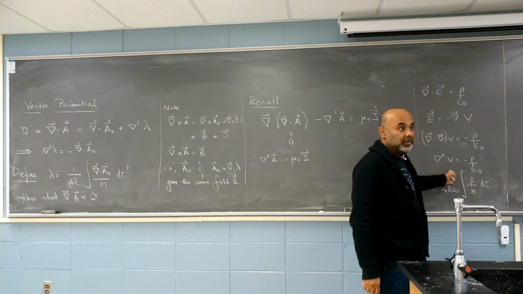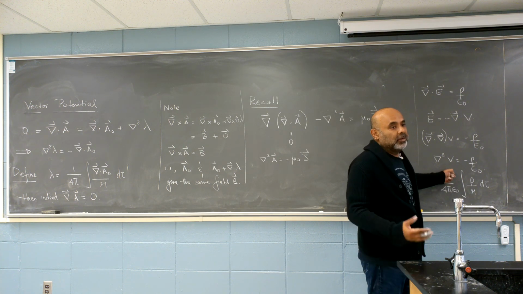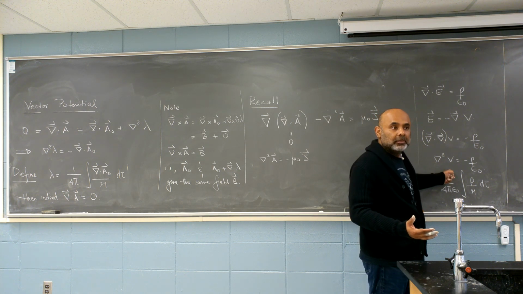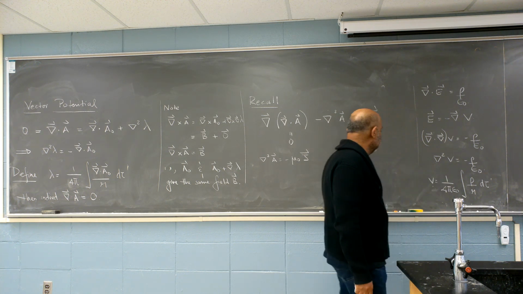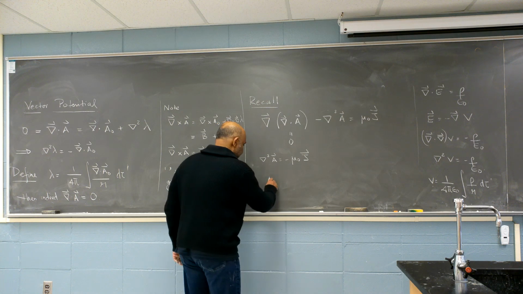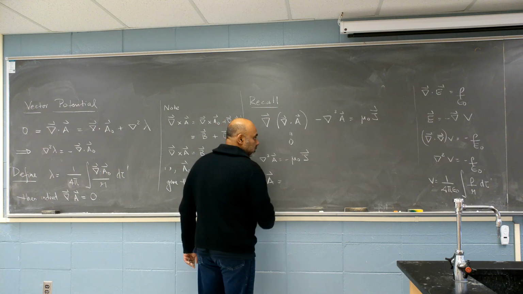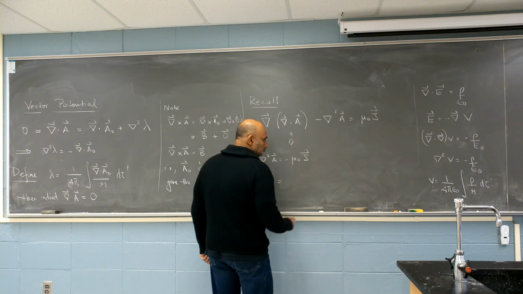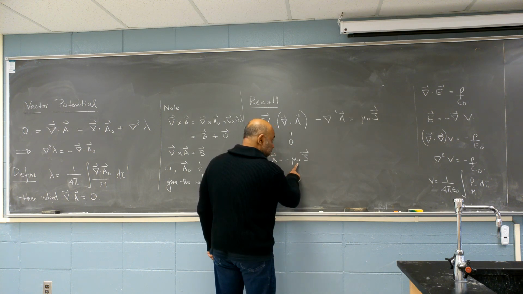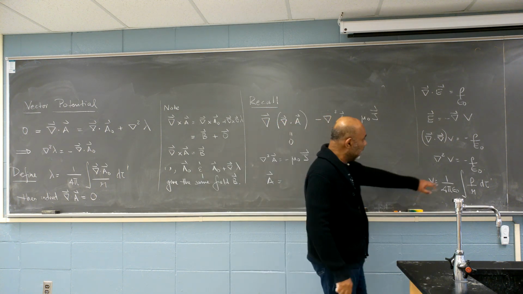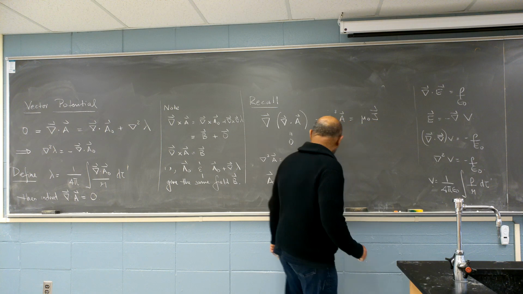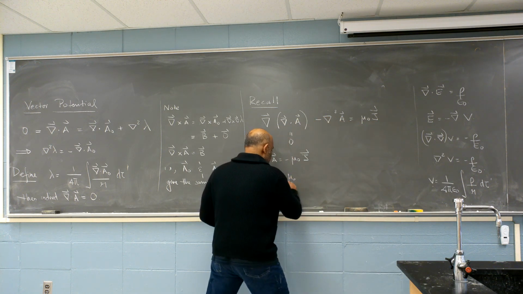I may have to write a code to integrate, but I can just tell you what it's going to be. A equals, the minus goes away, there's a mu naught upstairs, so I get mu naught over 4 pi.